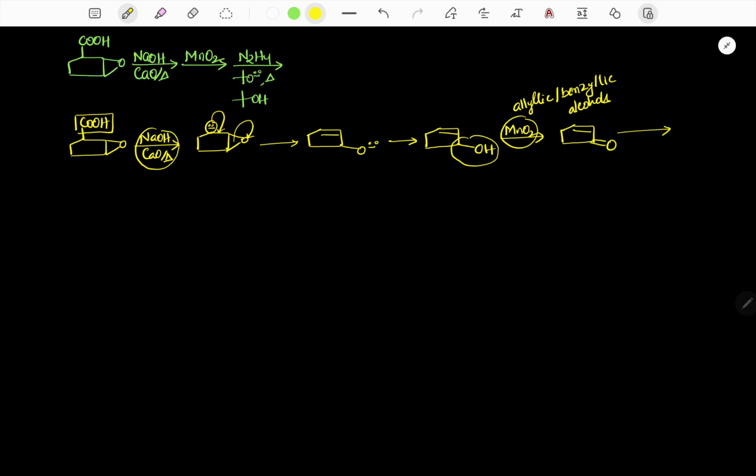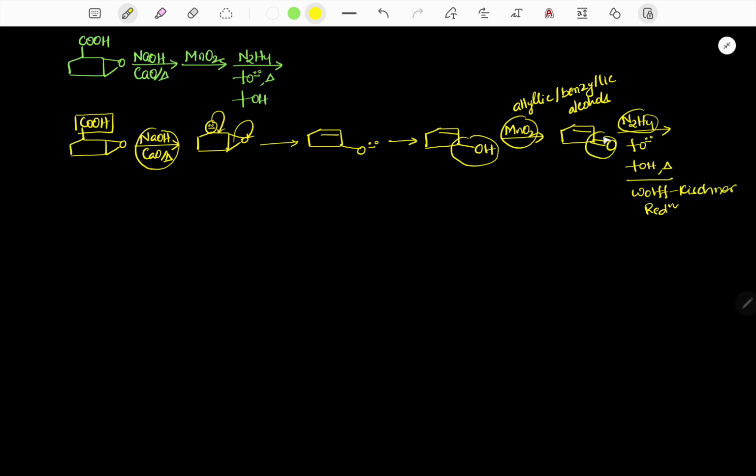Now it is treated with hydrazine, base, potassium tert-butoxide, and solvent tert-butanol, and heat. Whenever we see N2H4 and base, this reaction is Wolff-Kishner reduction.